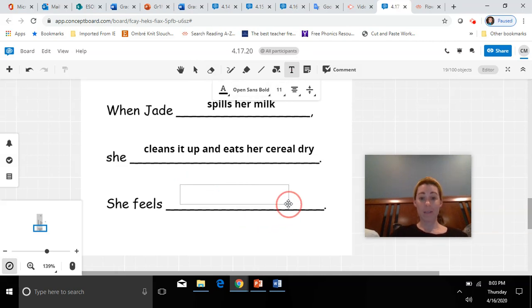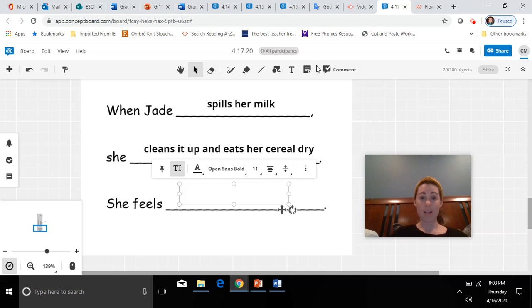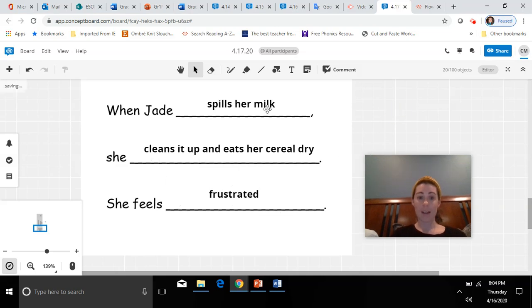Let's try another first grade word. How about frustrated? She feels frustrated. I think I would feel the same way. How about you? Would you feel frustrated if that happened? Probably, yeah. Okay.